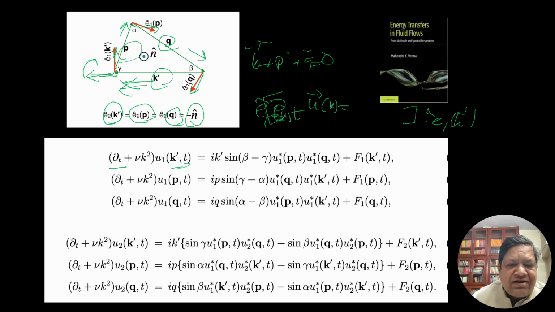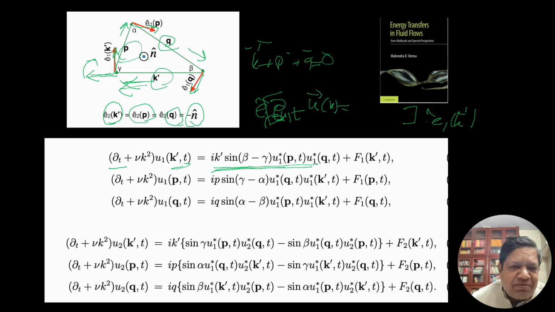On the right hand side, the U dot grad U, we need to do the projection along E1, and it's a bit of algebra. This convolution, well, right now I'm working with a single triad, so there is no convolution, but there is a convolution in the sense that we'll have U1p, U1q, and then U1q, U1p.